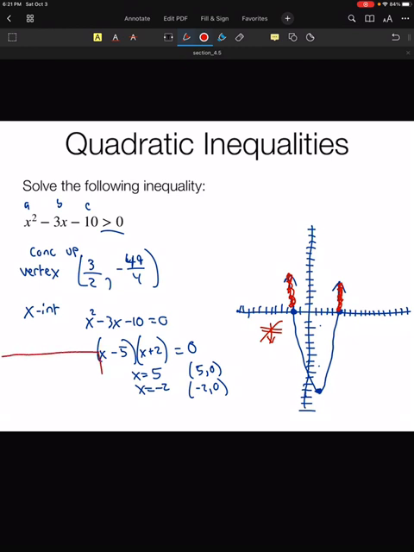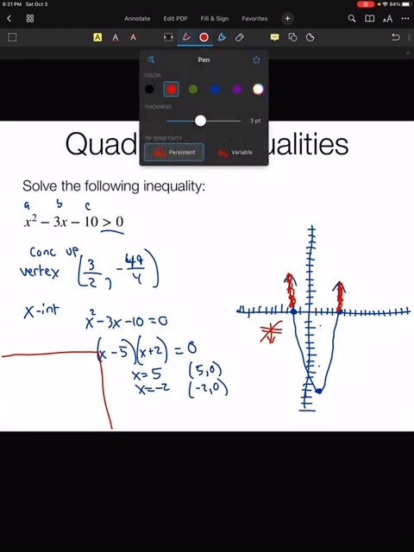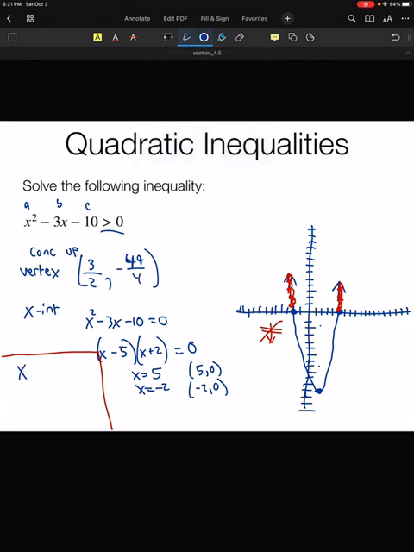The answer to this is really two parts. So it's when x is less than -2. Remember this is a strict inequality of greater than, so we're not including the points.